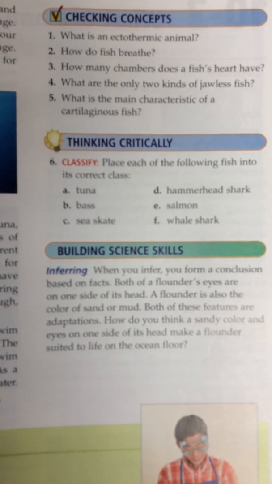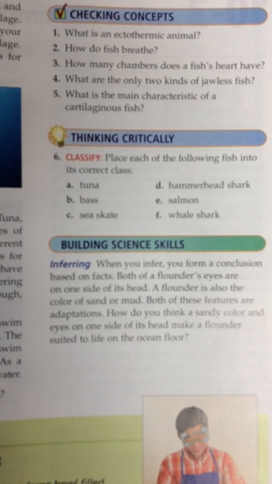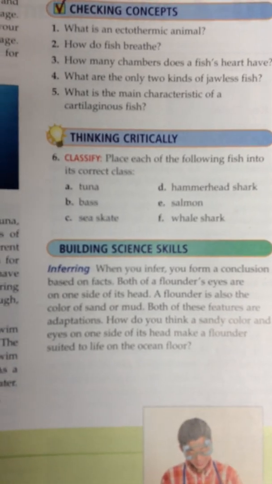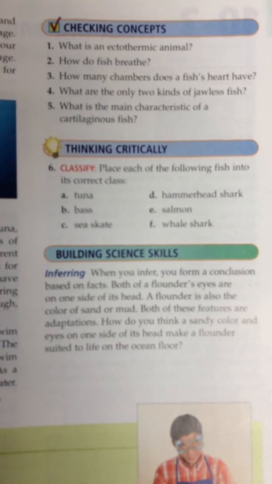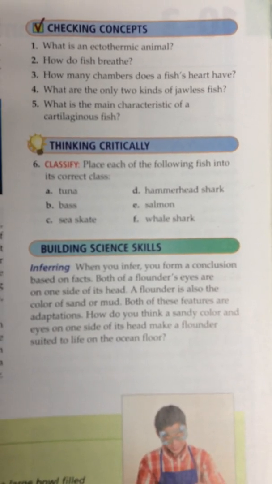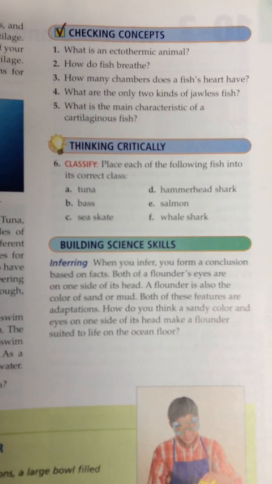And then for number 6, we have to actually classify these. Place each of the following fish into its correct class. So for here, you wouldn't necessarily need to write in a complete sentence. You could put A, tuna, and then put that into the correct class. Remember, there are 4 classes. You may need to go back in this video and reread about the 4 classes.